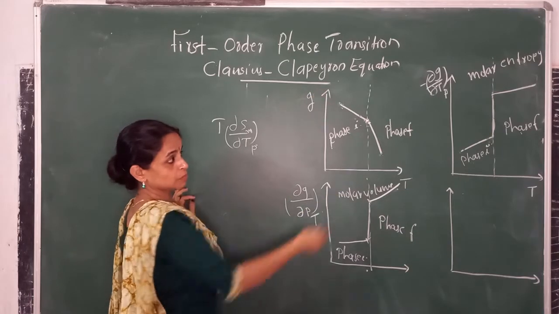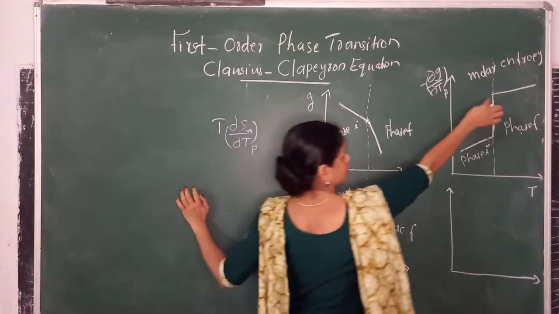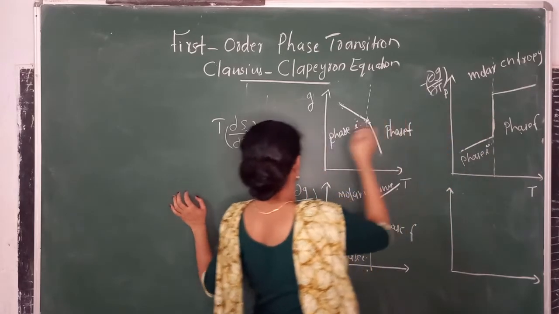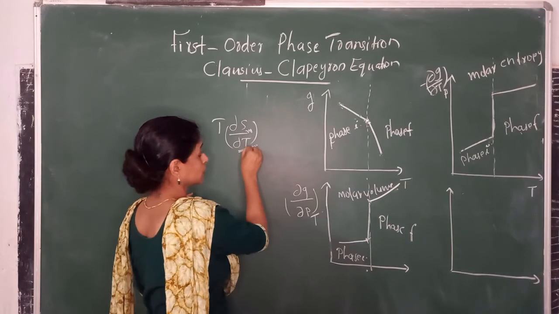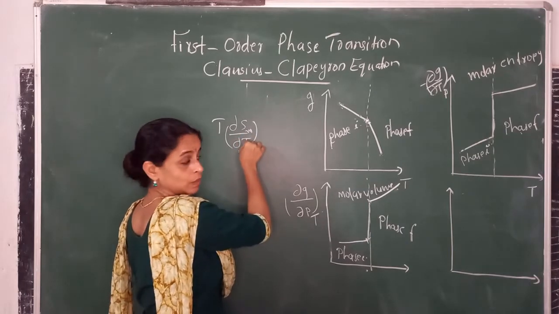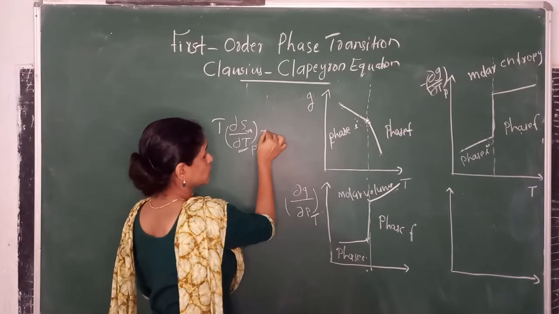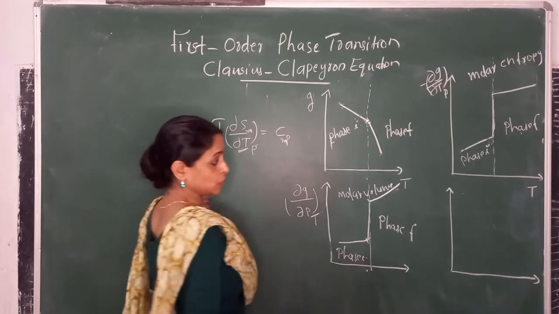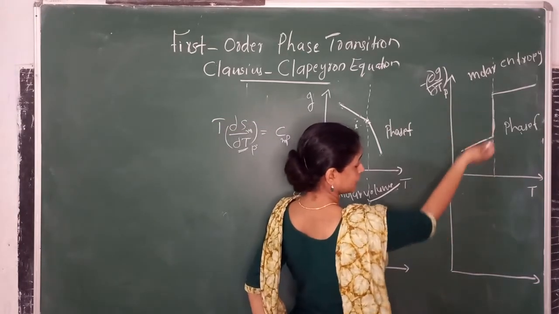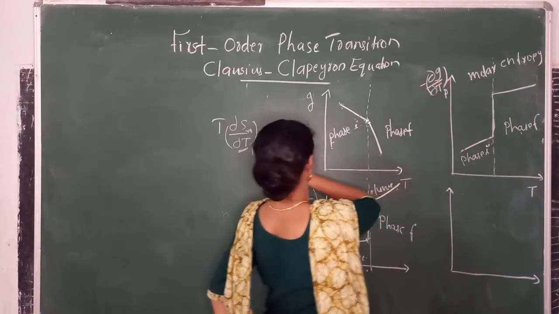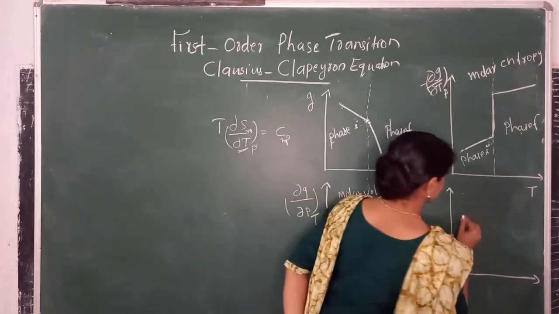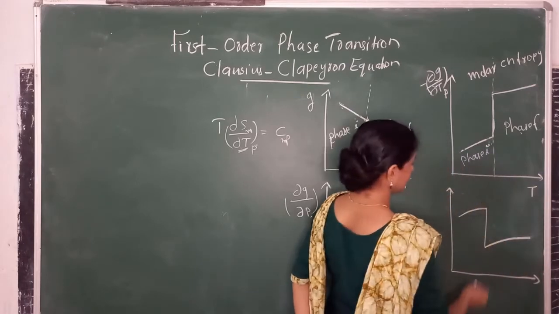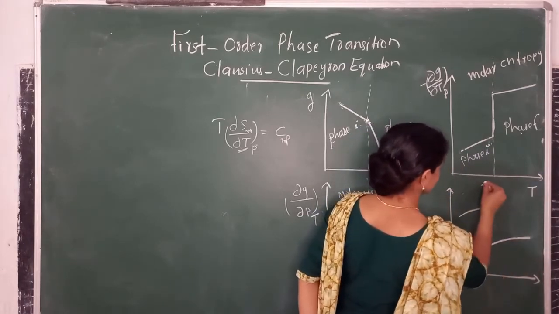Even though there is a change in the molar entropy during the phase transition, dT is 0, so dou S by dou T goes to infinity. This is the molar heat capacity at constant pressure. Taking the derivative of this graph for Cp, you will get a value that goes to infinity.